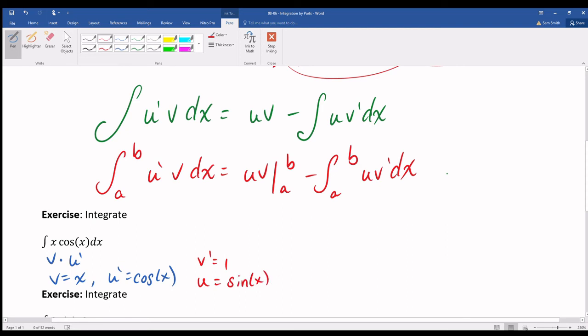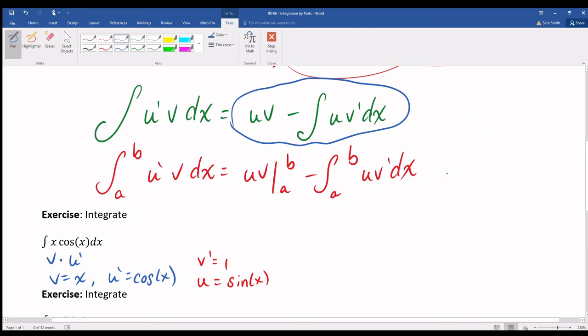So, if I think of this one on the left as v times u prime, let me go to the other side of the integration by parts formula, replace u and v prime with their respective sine, 1, and cosine, and let's see if the expression on the right is any easier to work with.